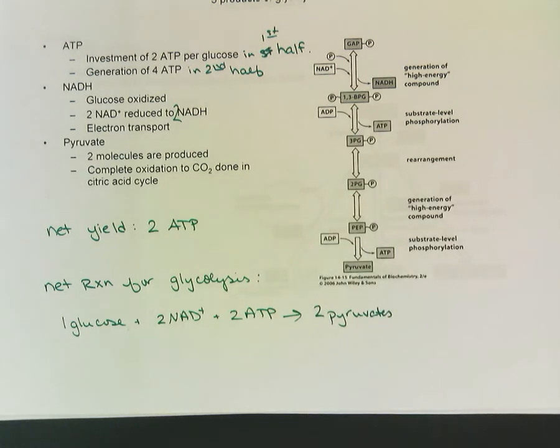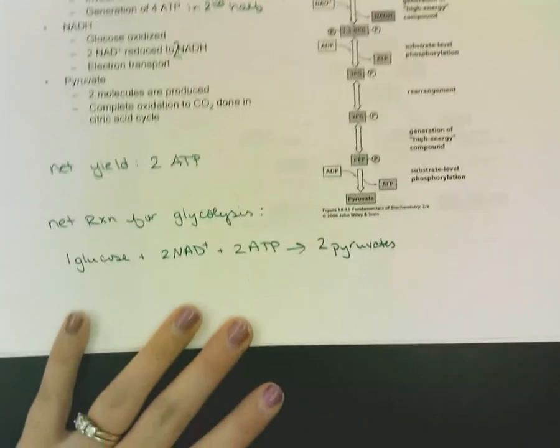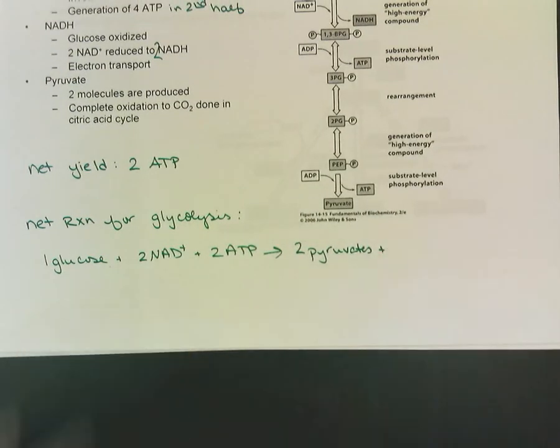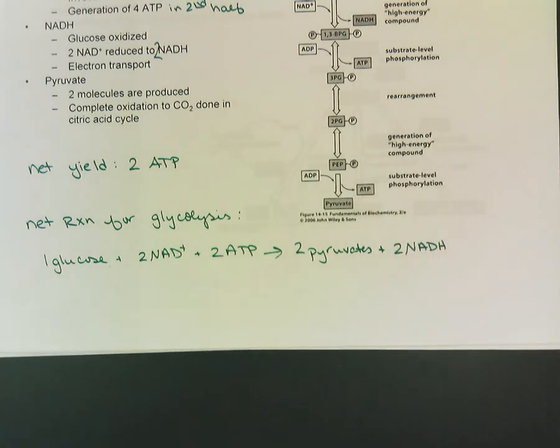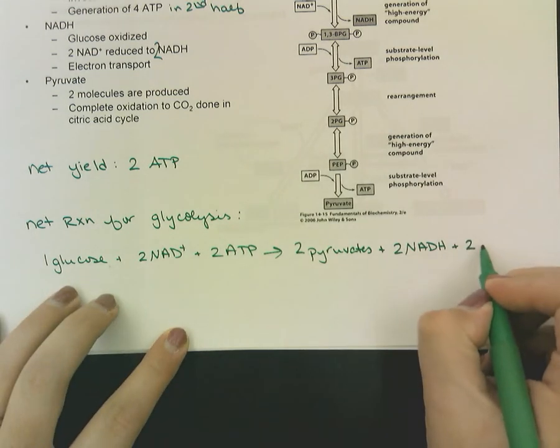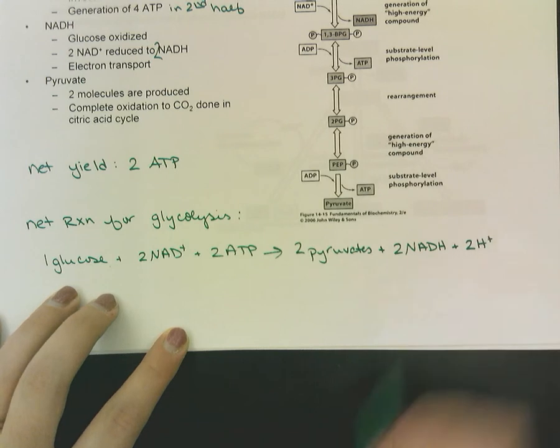We get out 2 pyruvates, we get 2 NADHs, which also come with 2 protons.